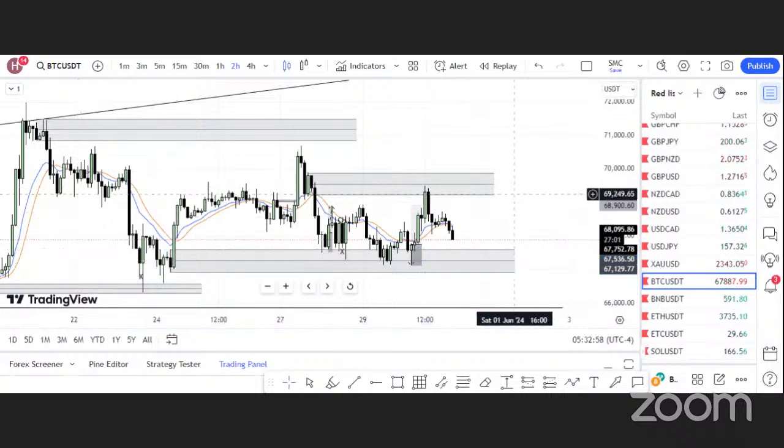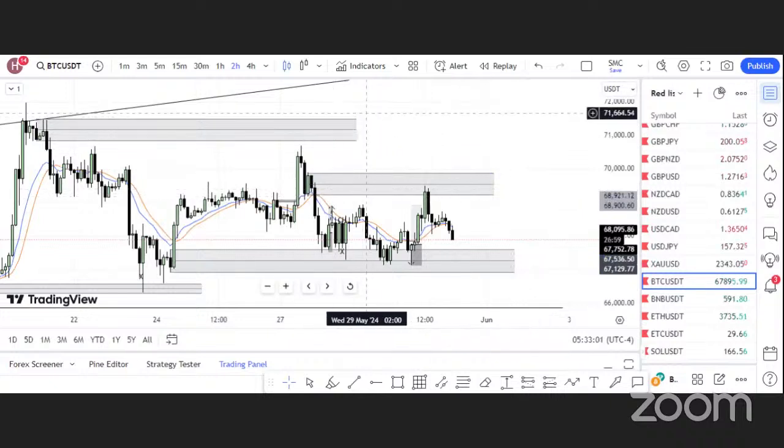So we are currently on the 2 hour time frame.